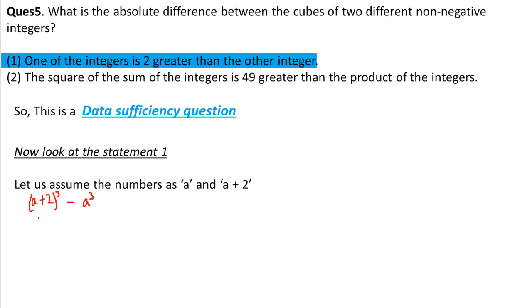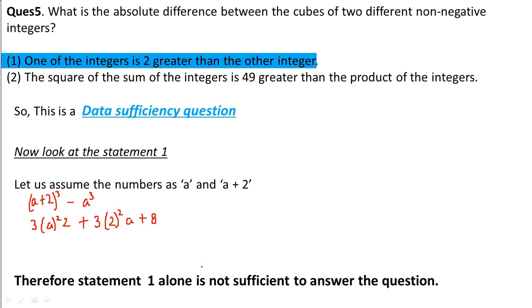When I open the brackets, a cube gets cancelled and I am left with 3 a square times 2 plus 3 times a times 4 plus 8. Therefore, statement 1 alone is not sufficient to answer the question because I do not know the value of a. Hence, I do not know the value of this expression.